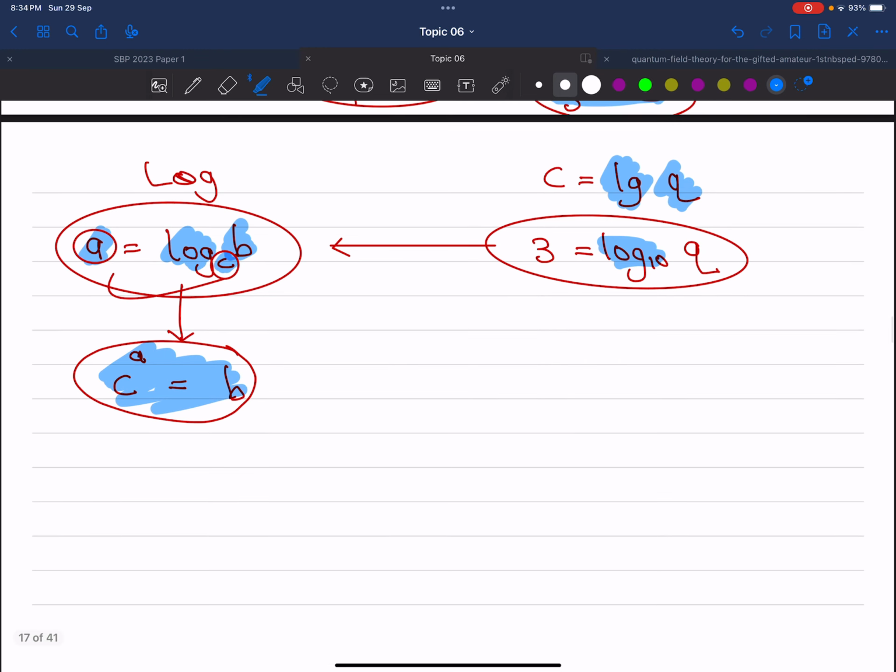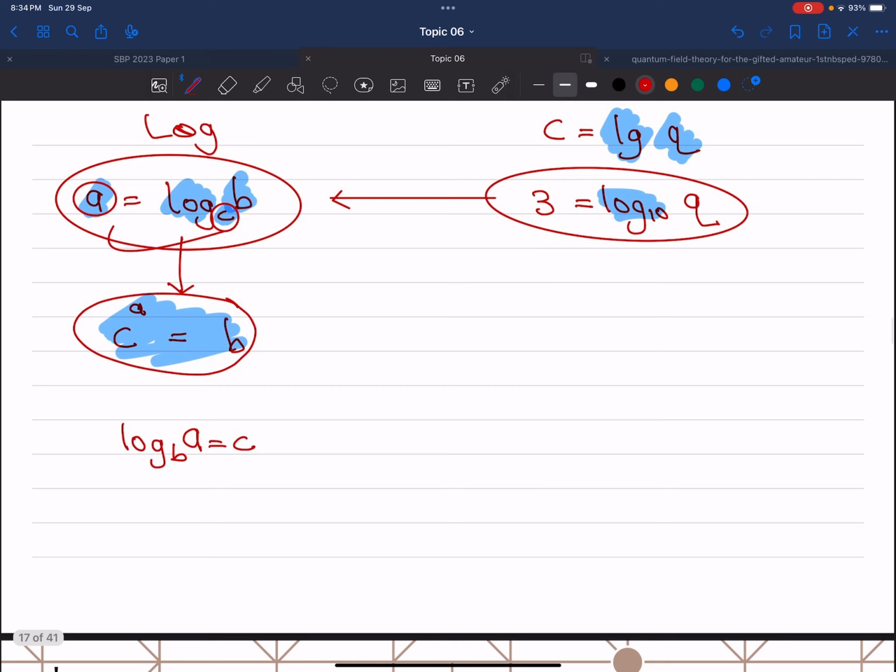I can do another one for you. If I have log A base B equals C, therefore A is actually B power C. So this is what I'm going to apply over here.